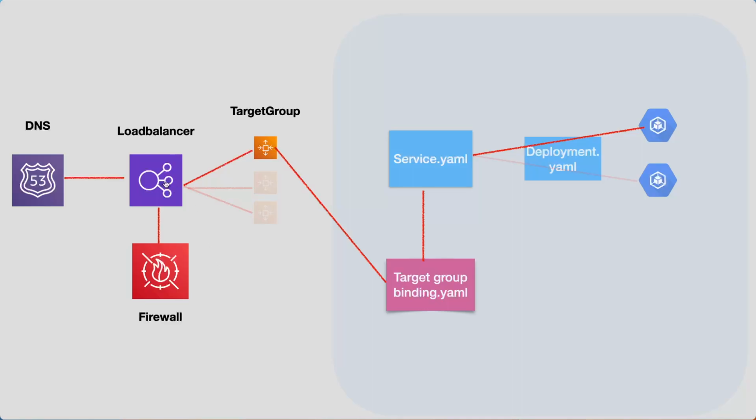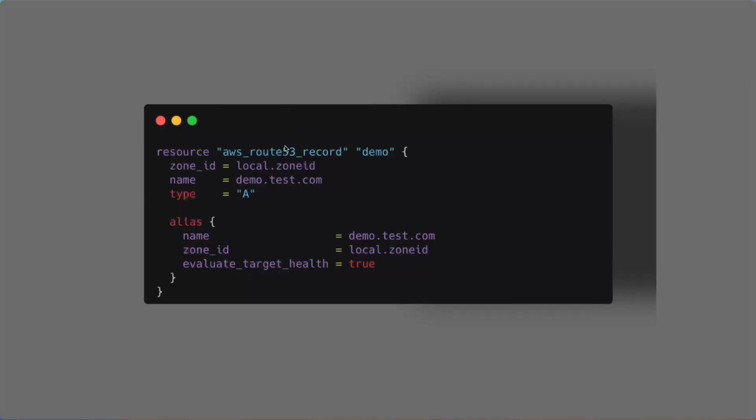But after the load balancer, when someone requests to create an application, first you need to create a DNS. So when you enter the URL, it points to the application and goes through the load balancer. If you want to create the DNS in AWS, it's called Route 53.